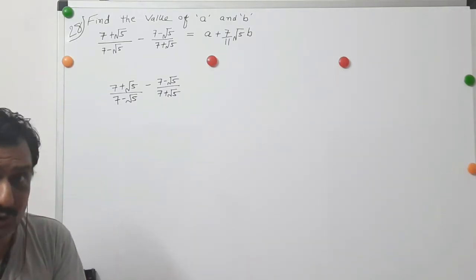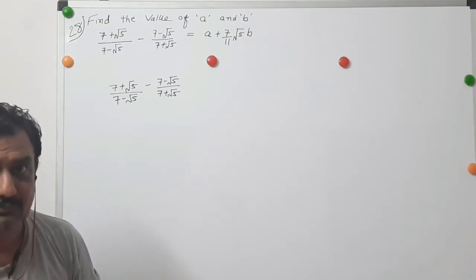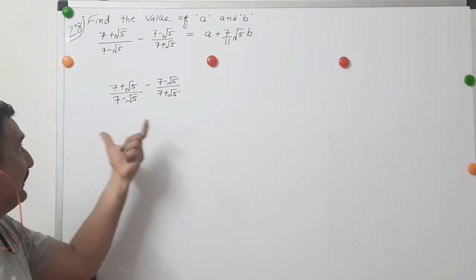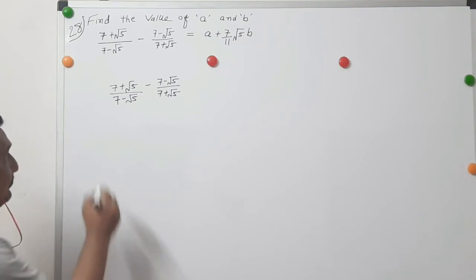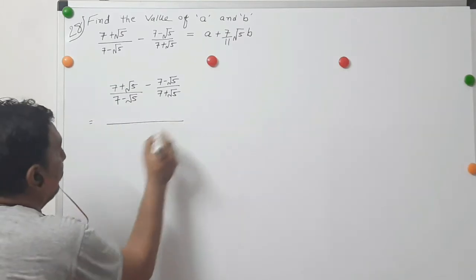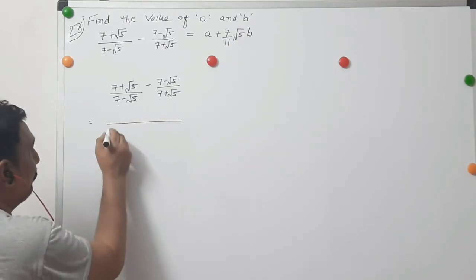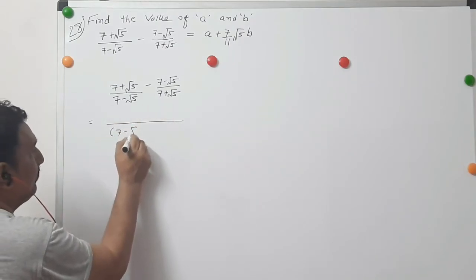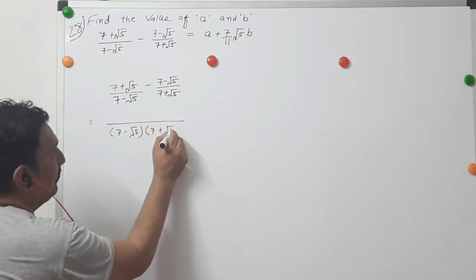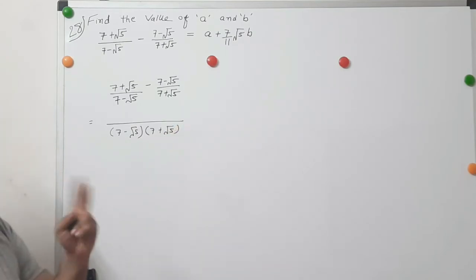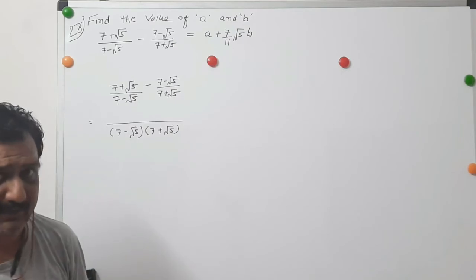Or we can also solve it by taking the LCM of the denominators. So let us take the LCM. The LCM is (7 minus root 5) into (7 plus root 5), because for both the terms the denominators are different, so their product becomes the LCM.